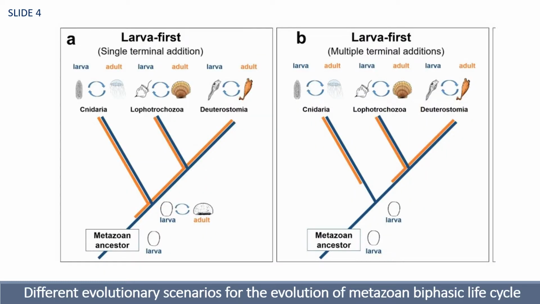There are two main hypotheses which dominate the long history of this debate. The first hypothesis is called the terminal addition hypothesis. This hypothesis states that the earliest metazoan was a larva, and that adult stages were added at a later evolutionary stage, either a single time or multiple times, that is, at different times for different taxa.